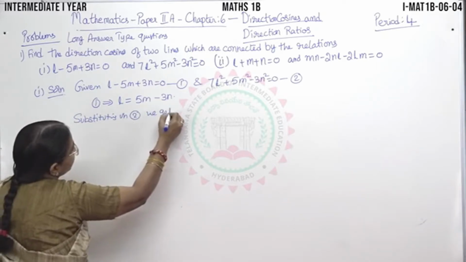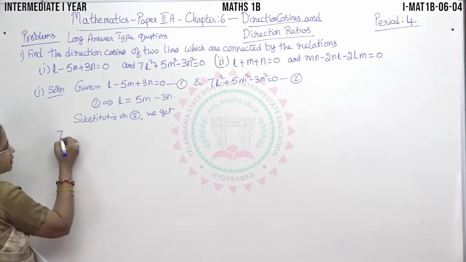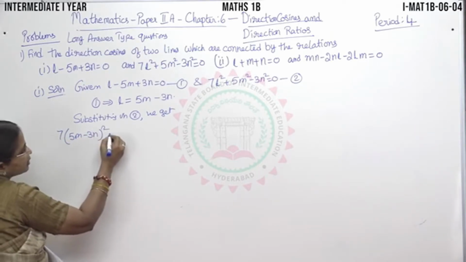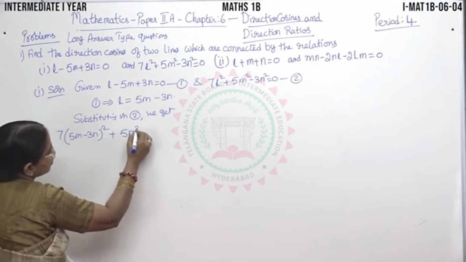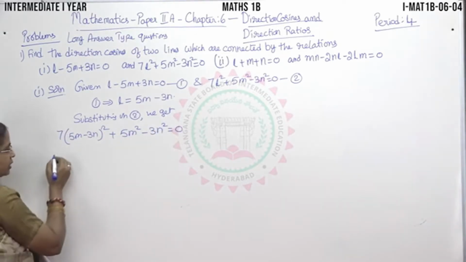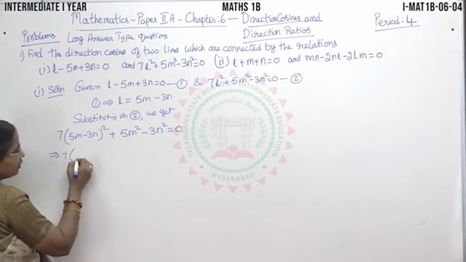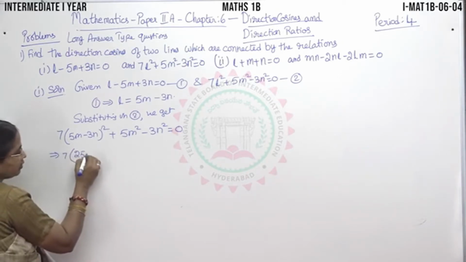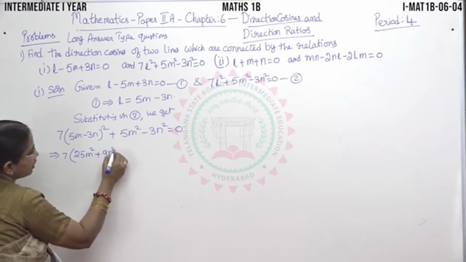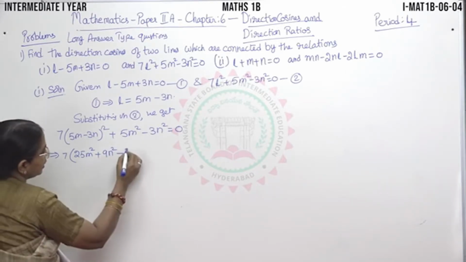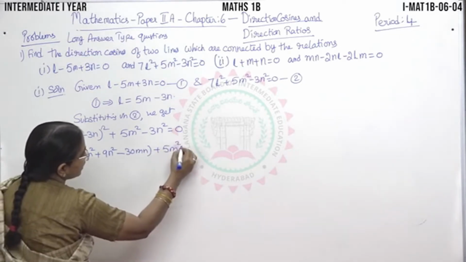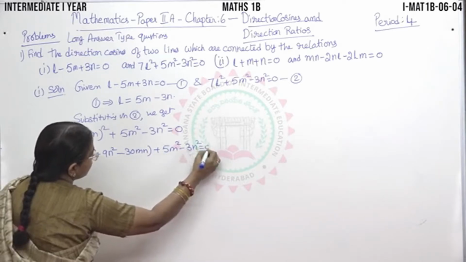We get 7 into 5m minus 3n whole square, plus 5m square minus 3n square is equal to 0. Now expand this. You will have 7 into 25m square plus 9n square minus 30mn, plus 5m square minus 3n square is equal to 0.